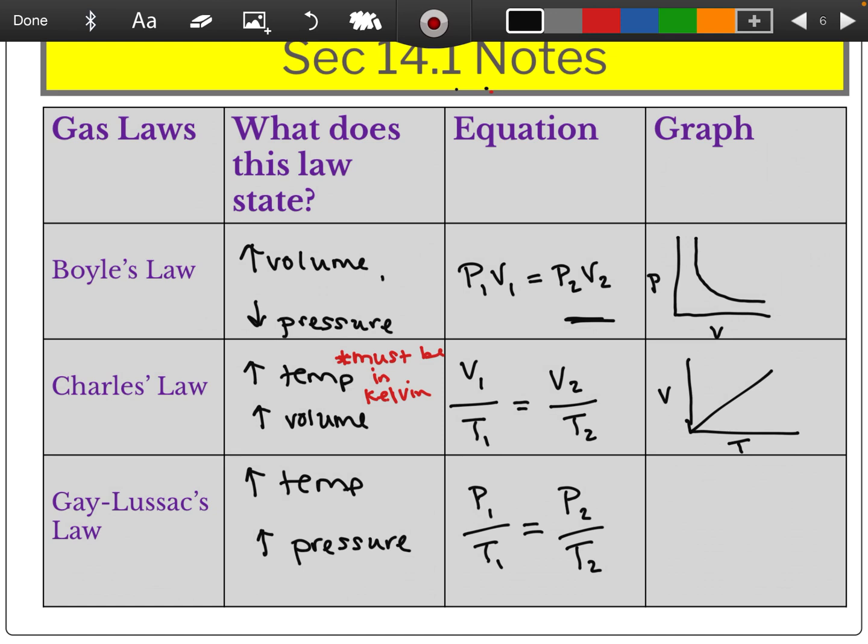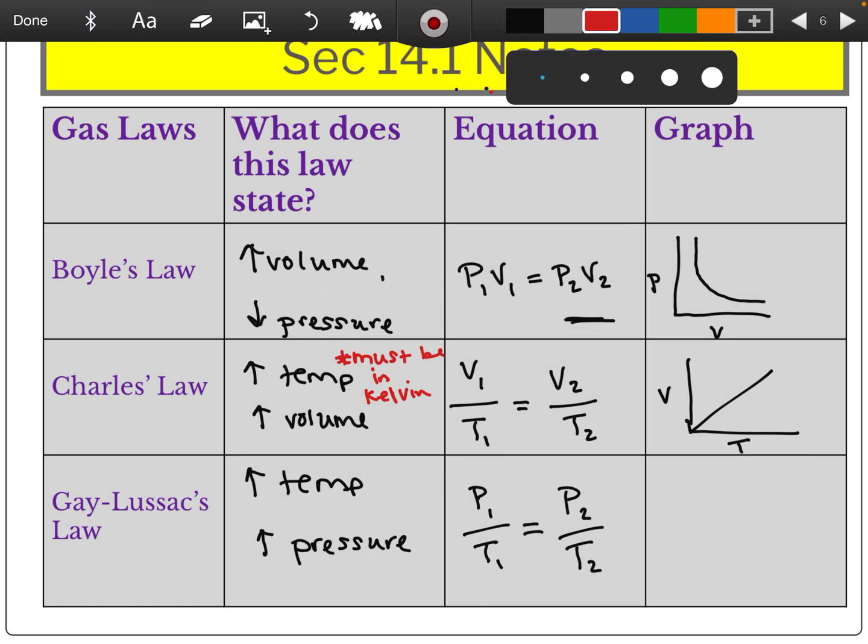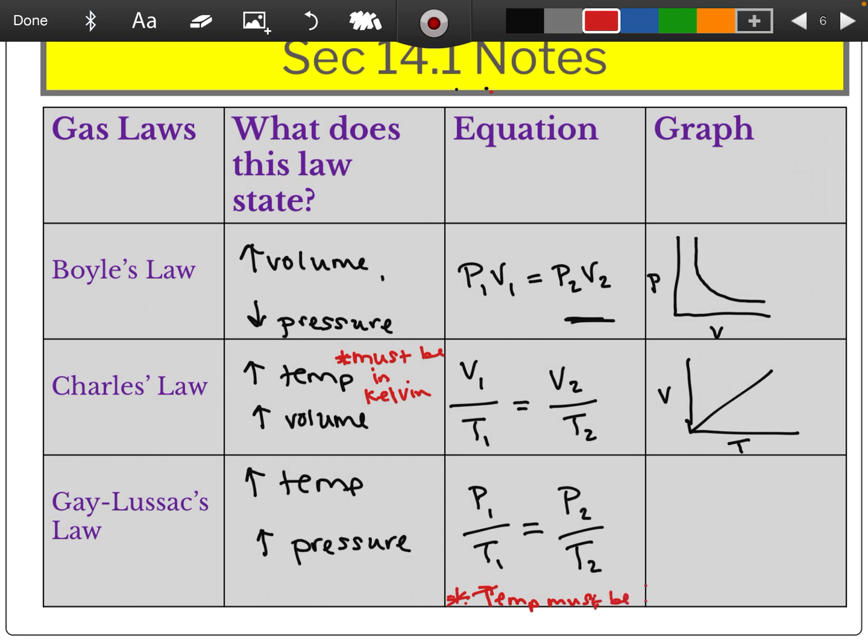So again, pressure reading and temperature reading. Temperature, again, must be in Kelvin. Yikes, my pen is kind of cutting out here. So temperature must be in Kelvin.